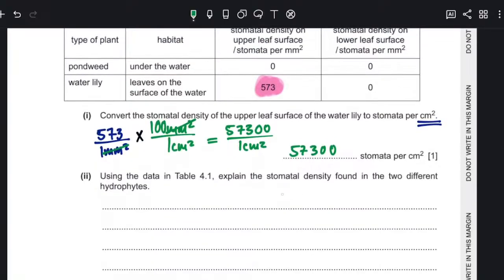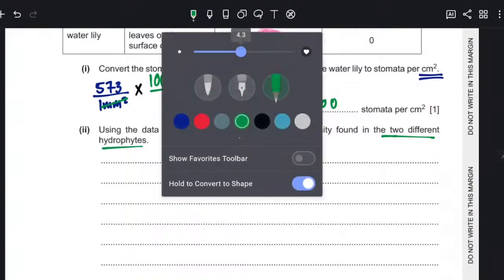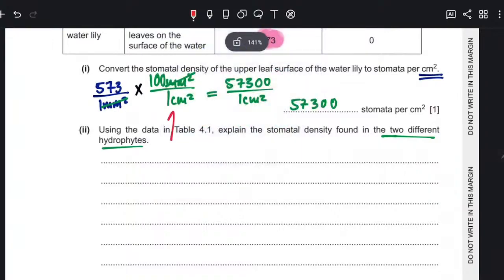Right, let's answer this now. Explain the stomatal density found in the 2 different hydrophytes. Can you see? Now, this is the secret to exchange rate.